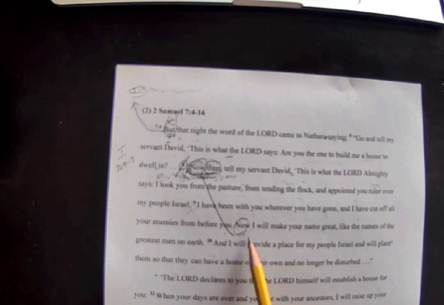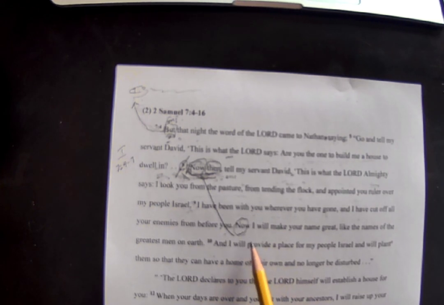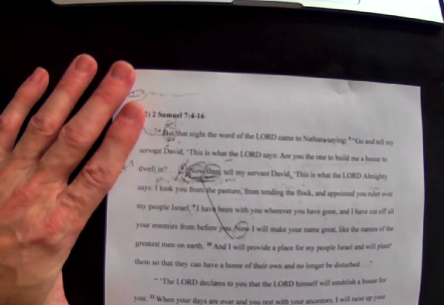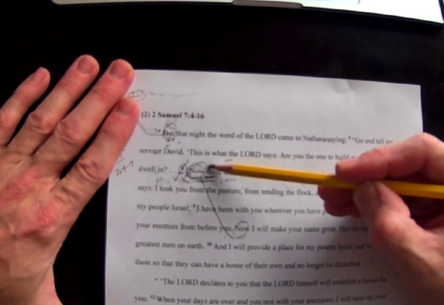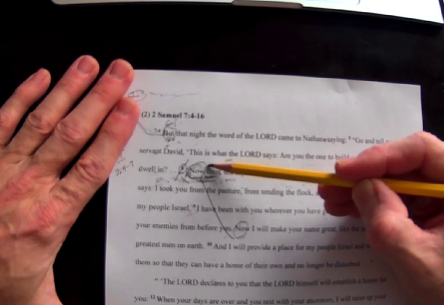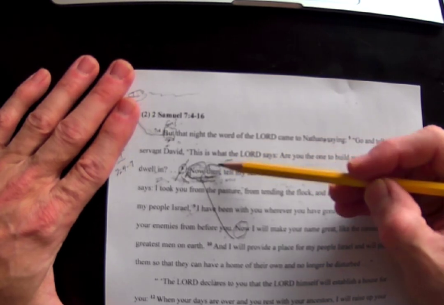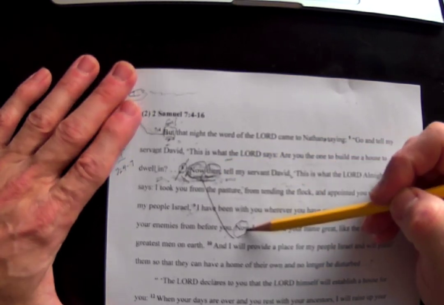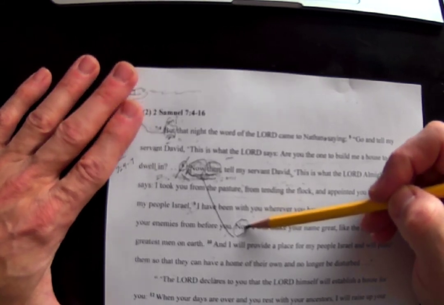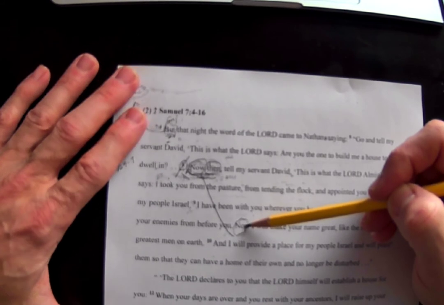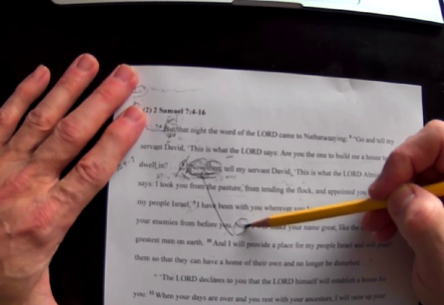But it seems likely that the "now" here is going to function the same way as the "now" does here. And if that's the case, then there's a good possibility that that indicates another transition.